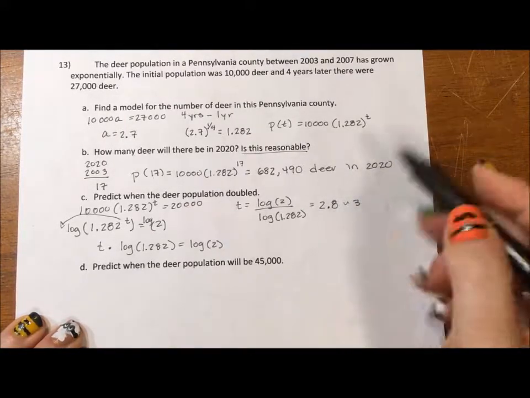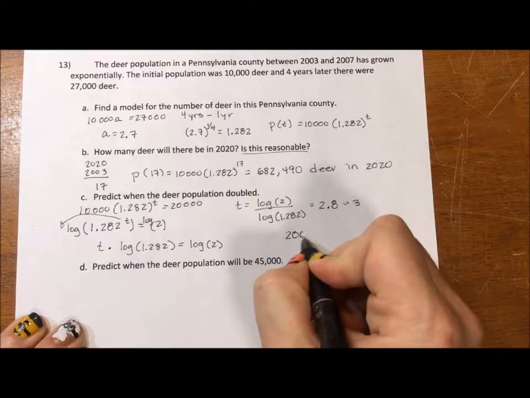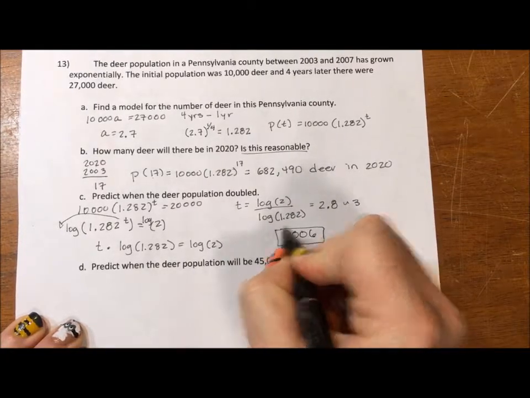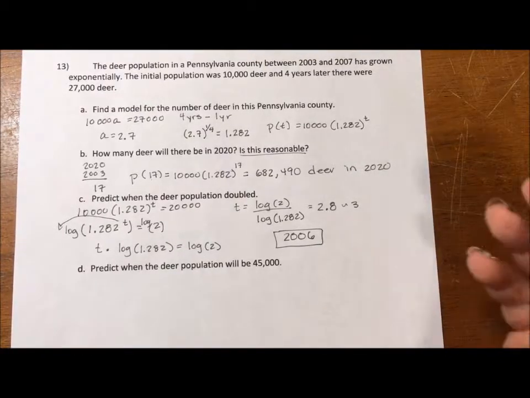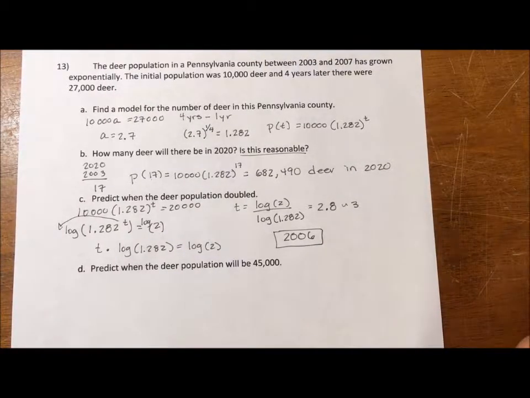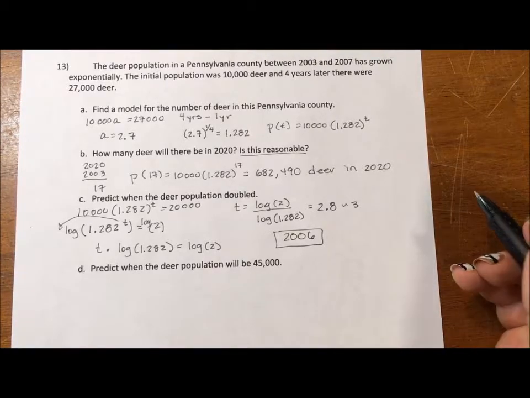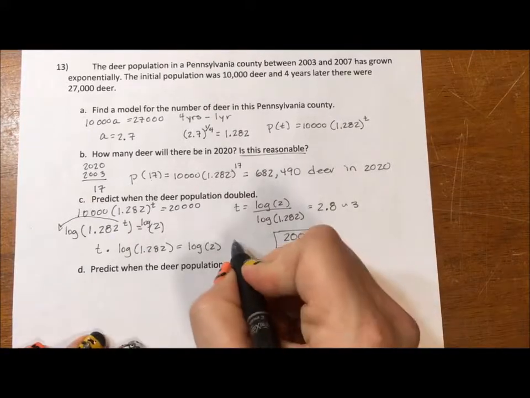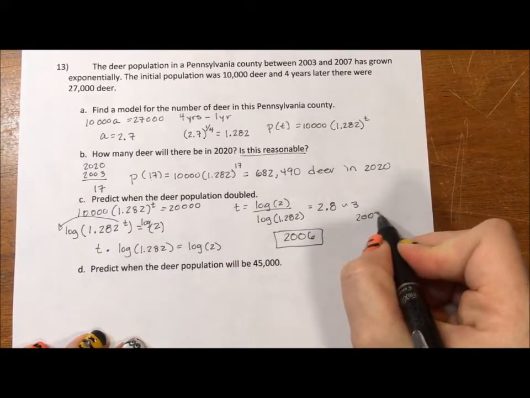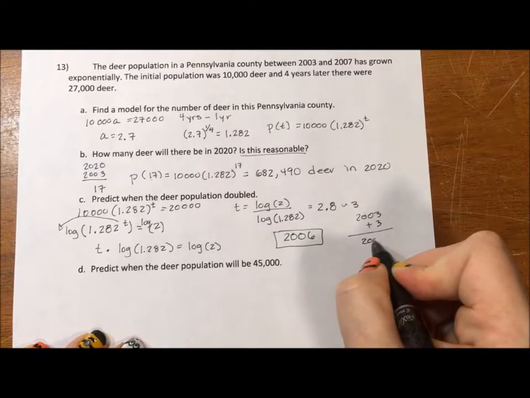But if we did rounding, it would be in 2006. And I usually go with natural math rounding because it hurts my head to figure out if it should be 2005, 2006, because there's so many factors that could cause it to go either way. So I round, then apply 2003 plus 3. So our model is from 2003. I added the 3 to get 2006.